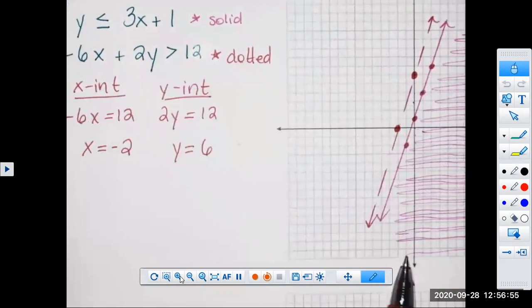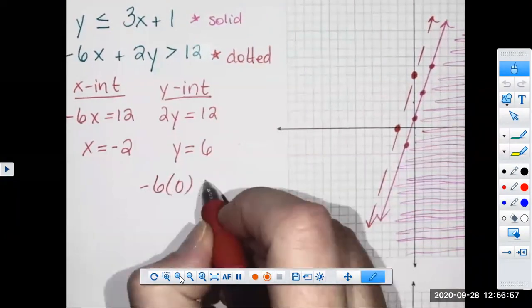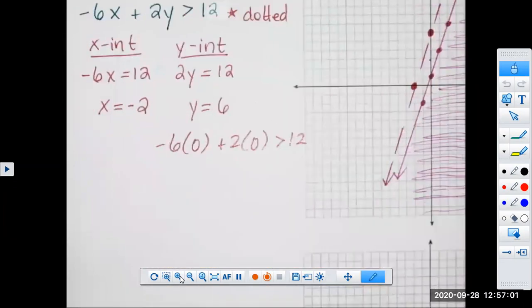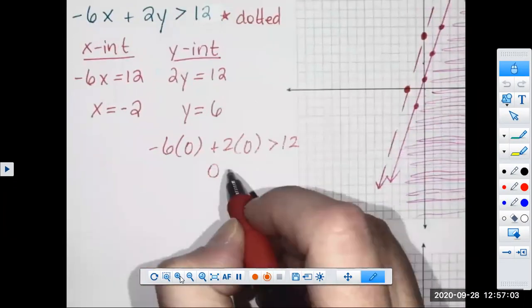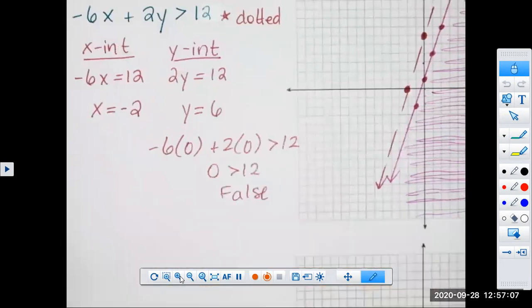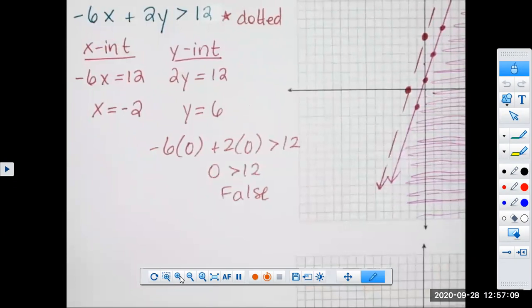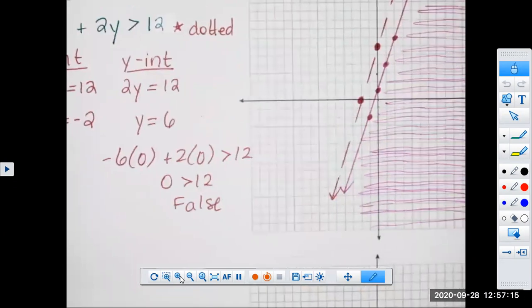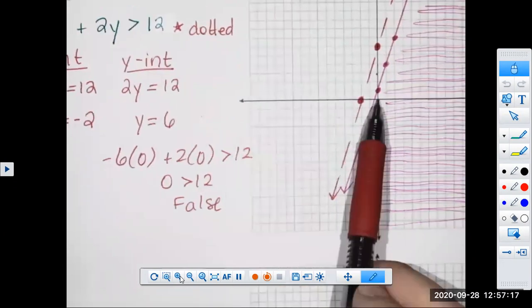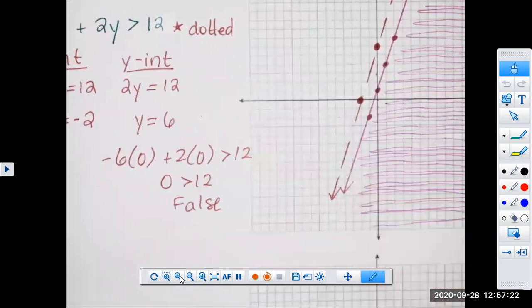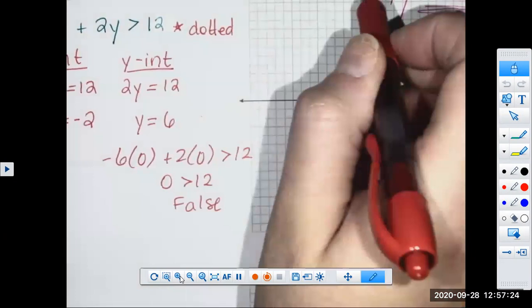So if I plug in 0 for x, 0 for y, you're going to get 0 greater than 12. And we know, of course, that's false. So since I plugged in the origin and it's in this region and it did not work, I actually shade in the other region.